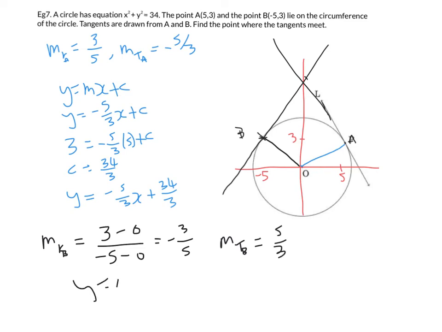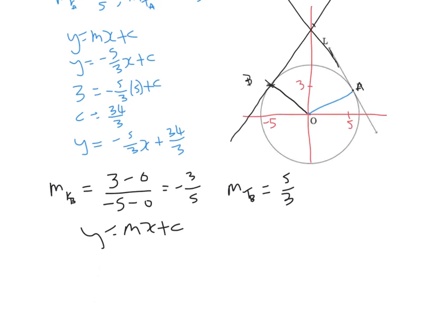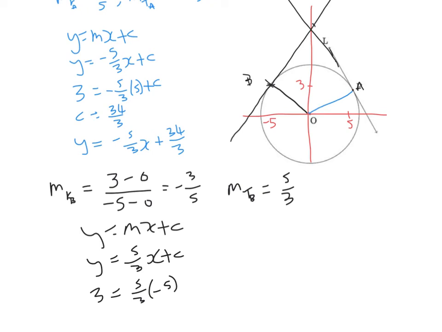So again, the equation of a straight line is y equals mx plus c. Y equals 5/3 x plus c. Sub a point into the equation that is on the line. That's the point -5,3. So the y value is 3, and the x value is -5.